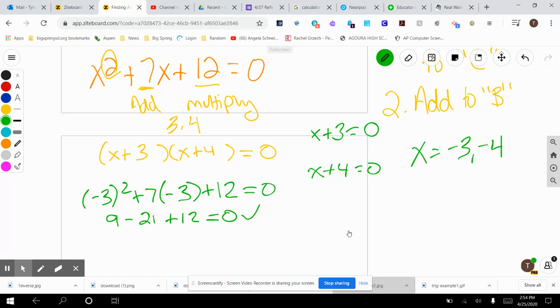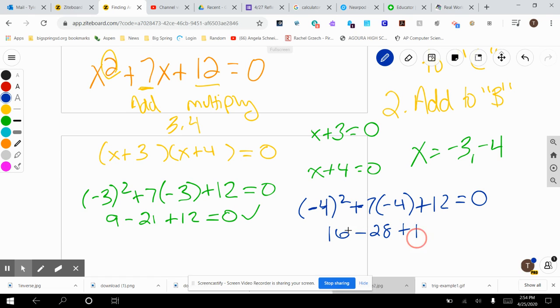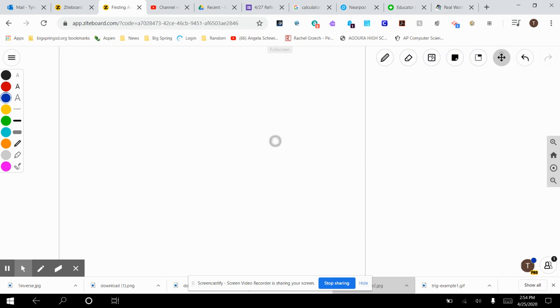Check. So that answer works. If we try negative 4 squared plus 7 times negative 4 plus 12, does that equal 0? 16 minus 28 plus 12 equals 0. Yes, it does.